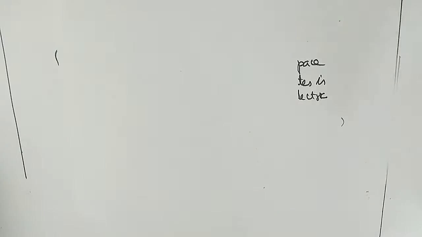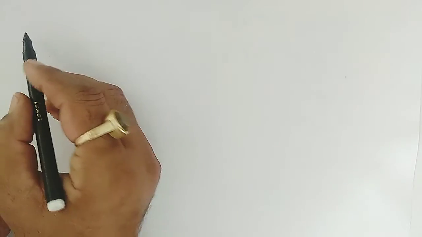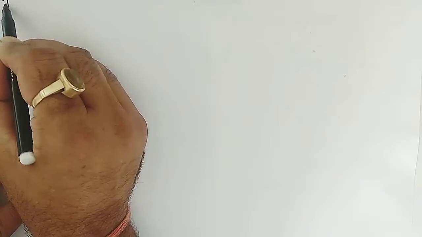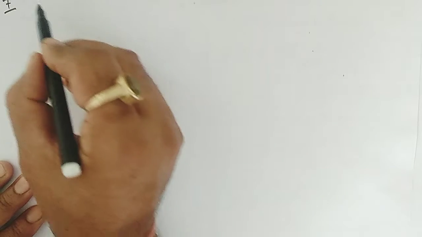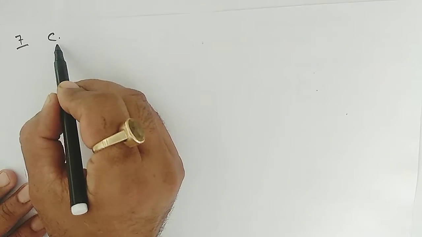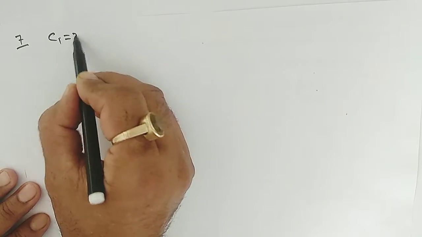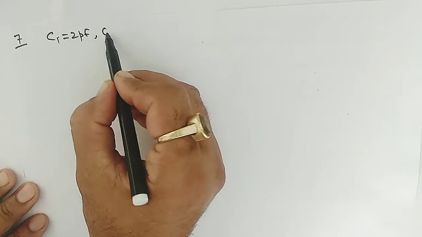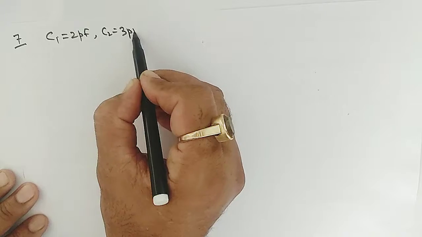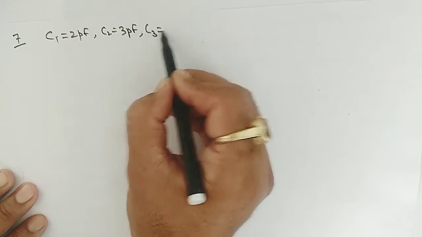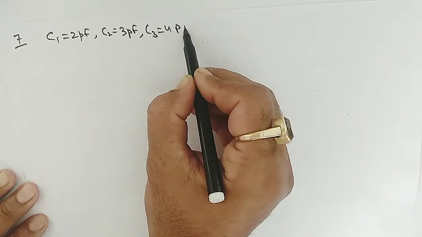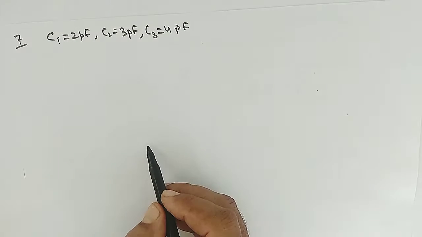Now come to question number 7 of electrical capacitance. In the 7th question, there are 3 capacitors of capacitance 2, 3 and 4 picofarad. So C1 is 2 picofarad, C2 is 3 picofarad, and C3 is 4 picofarad, connected in parallel.